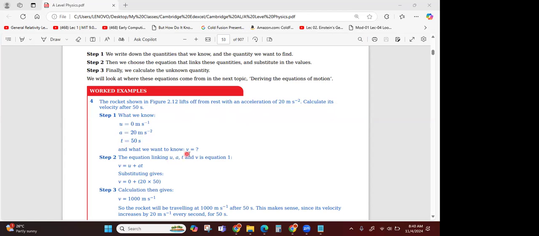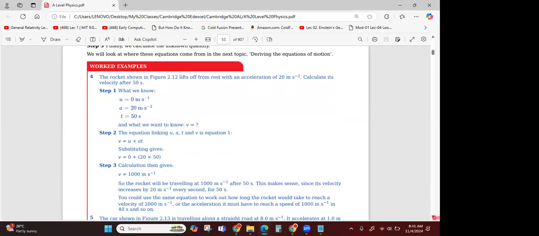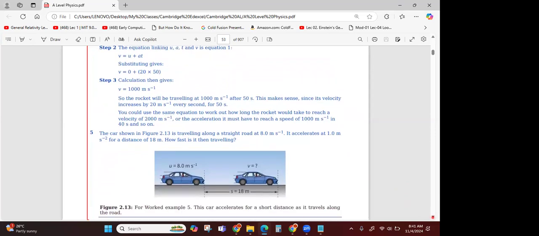So we want to find v. The equation involving these is v equals u plus at. We can't use s equals ut plus half at squared because s is not given. So we can use only this equation. Substituting, we find v is 1000 meters per second. Easy, right?